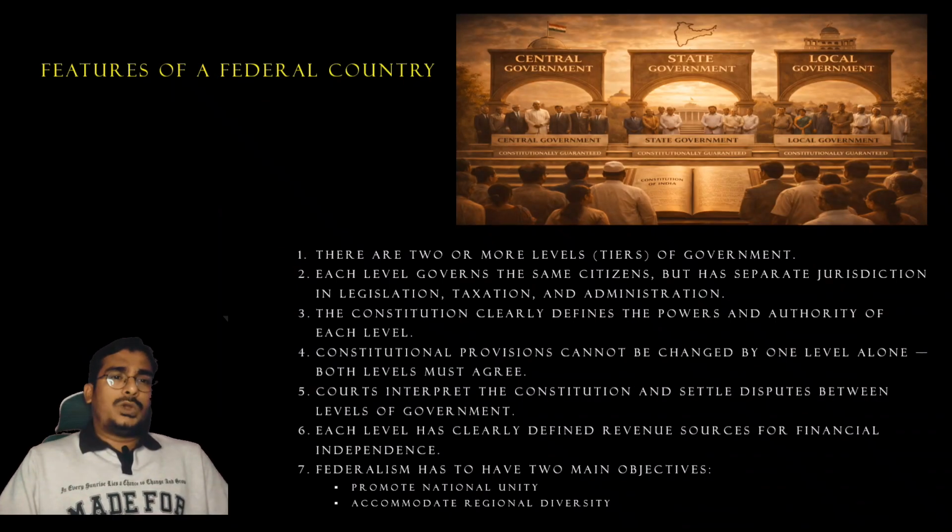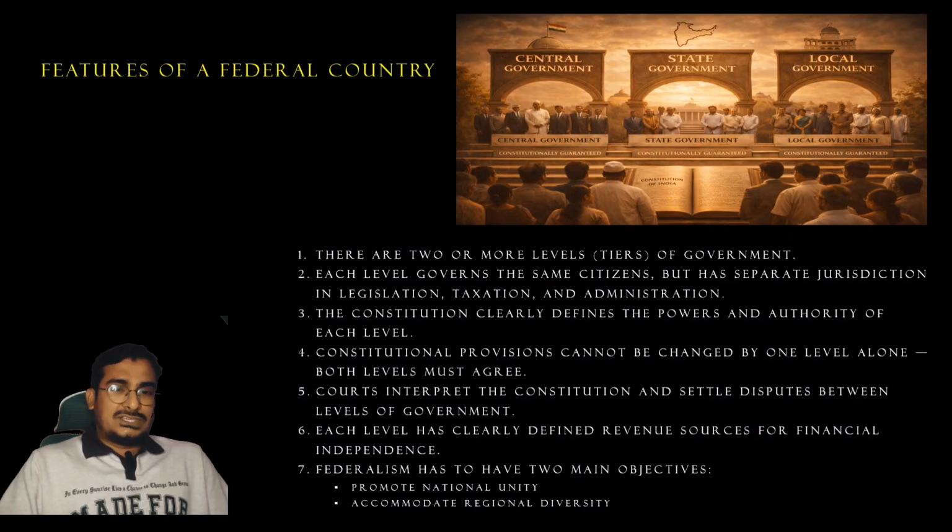Let's now understand what are the features of a federal country. Generally, there would be more than two levels of government, and each level governs the same citizens, but has a different jurisdiction in legislation, in taxation, in administration. And then a constitution clearly defines the powers and authority of each of these levels.